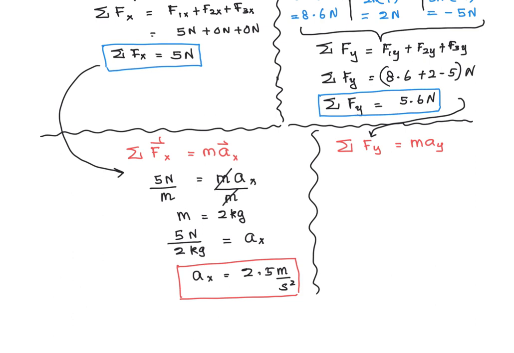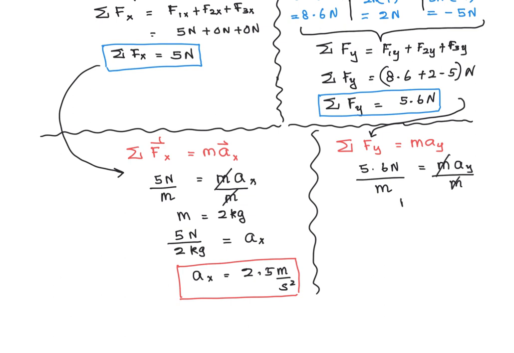Let me separate the two, and there you have 5.6 newtons, and mass is again, let me actually use m here for now and divide both sides by m, and this m cancels out.